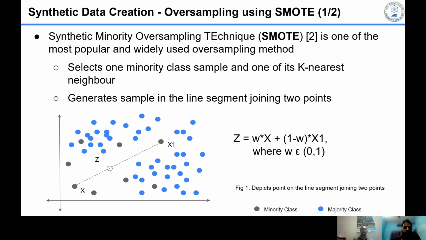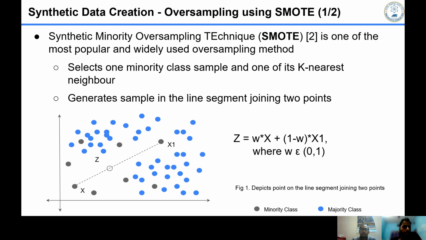If w is greater than 0.5, it means that z will be closer to x compared to x1. Hence, by controlling this w value, you can control the position of the synthesized point.